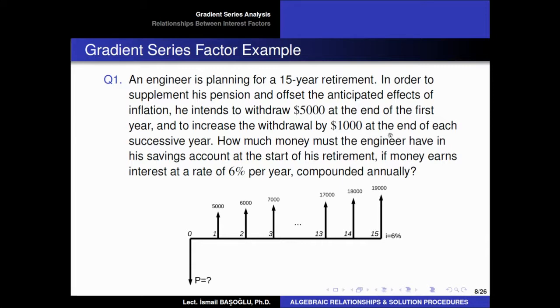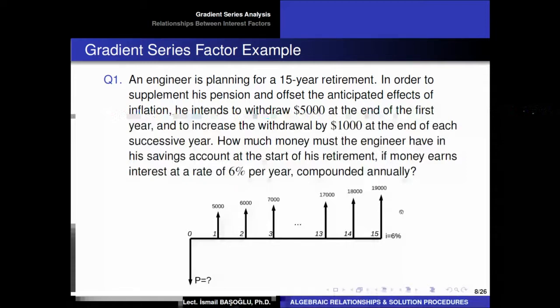But because of the anticipated effects of inflation, he knows that if he gets his retirement salary in a uniform series, by the end of the 15th year the amount is not going to be worth anything, because every year the money is losing its purchasing power due to inflation. So what he thinks is he must take an amount that increases with a constant size, a constant gradient, at the end of each year compared to the previous year.